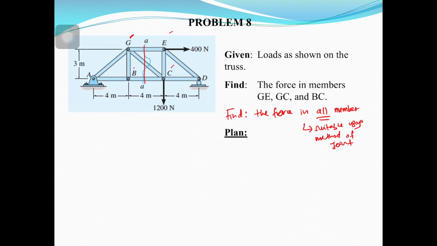If the question asks to find the force in specific members, GE, GC, and BC, then this one is the method of sections. If they ask you to find all members, use the method of joints.